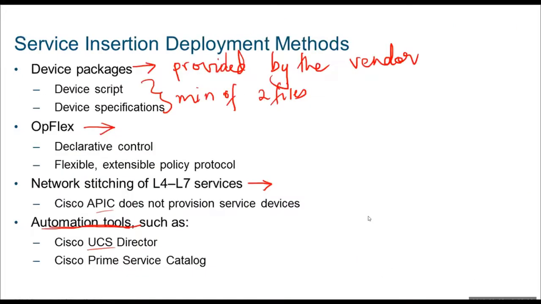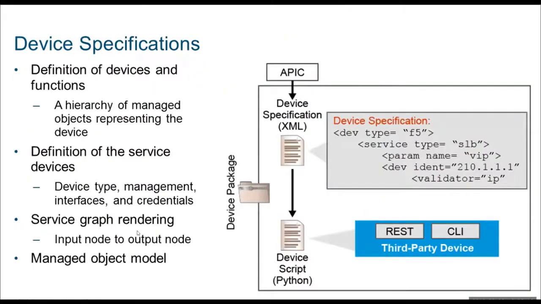So rendering is a very important aspect. It identifies between which EPGs, and thus configures the ACI environment according to that. We do know that the sole purpose of the XML file is to make sure that we have a managed object model.